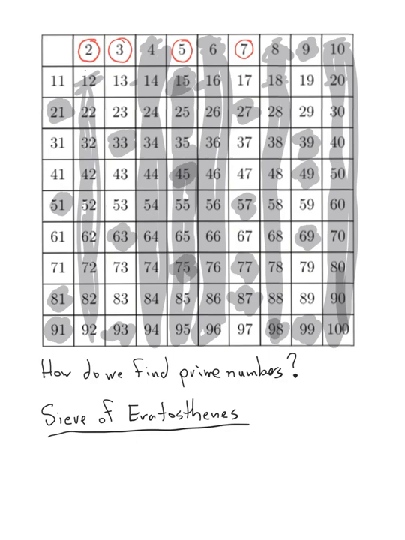So what's left, or uncrossed out numbers I should say, are all prime. 11, 13, 17, 19, 23, 29, 31, 37, 41, 43, 47, 53, 59, 61, 67, 71, 73, 79, 83, 89, and 97.